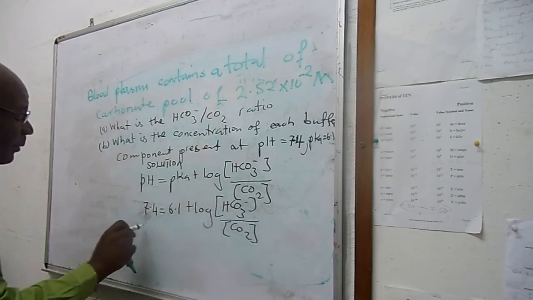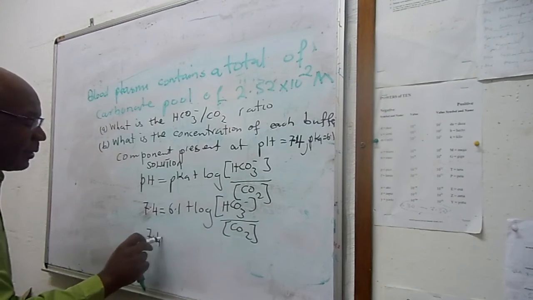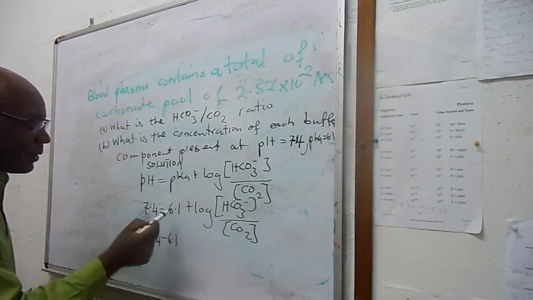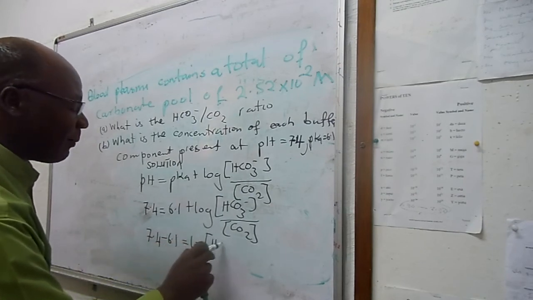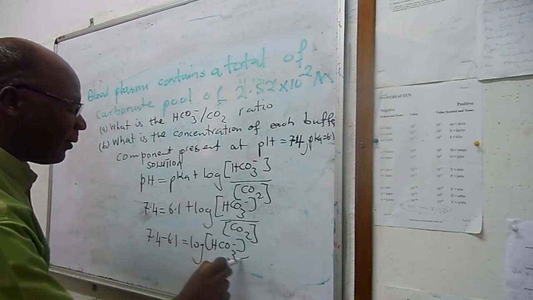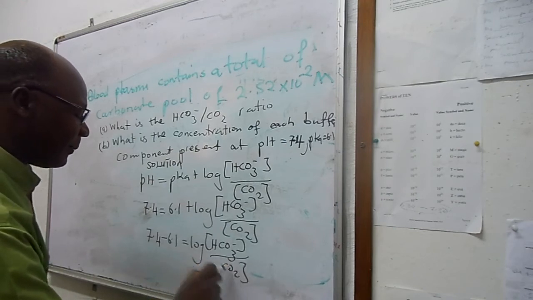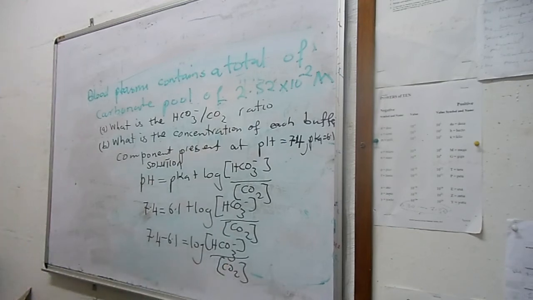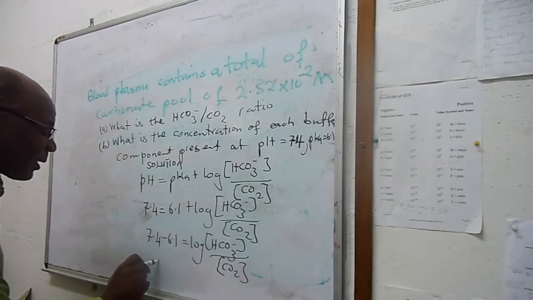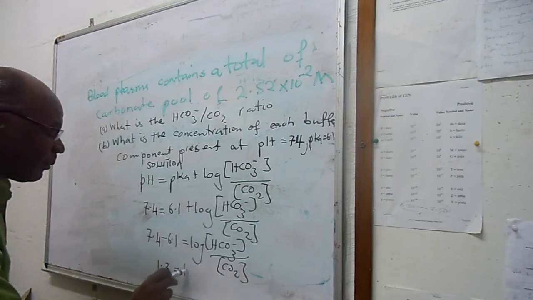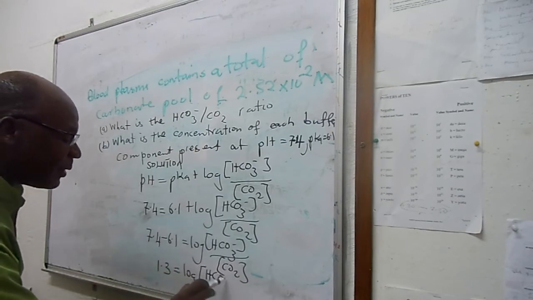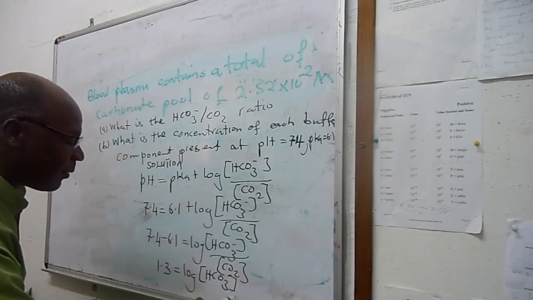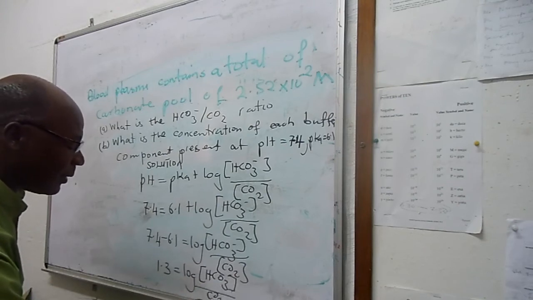So 7.4 minus 6.1, this comes to this side, so it becomes 1.3, which is equal to log of the concentration of bicarbonate ions over carbon dioxide.